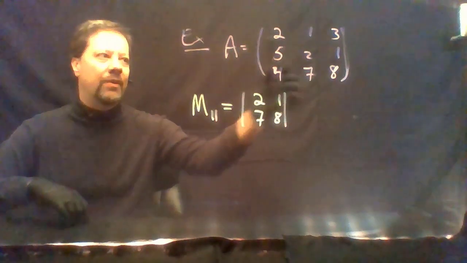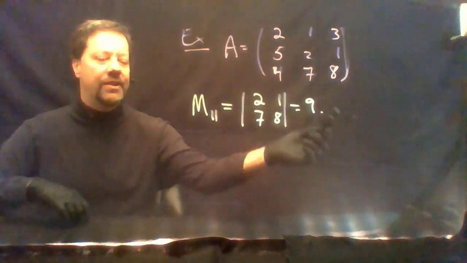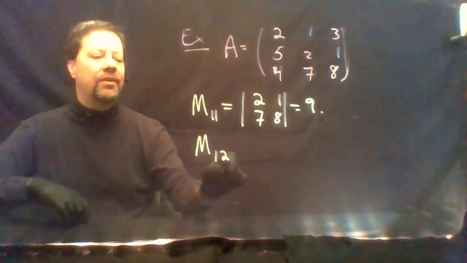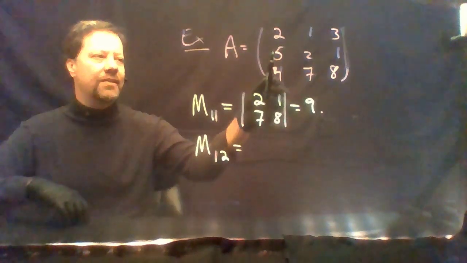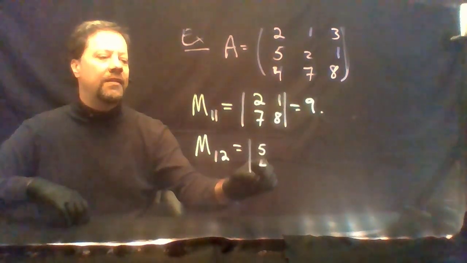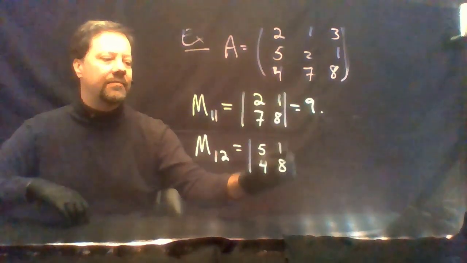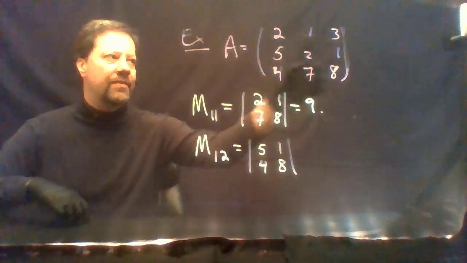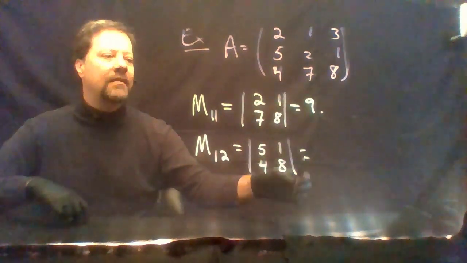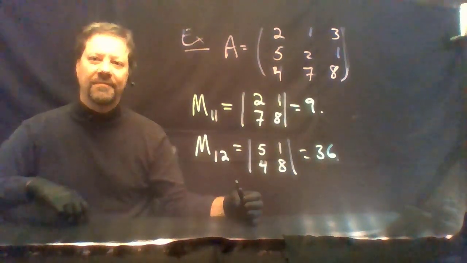That's going to be 16 minus 7, which is 9. M12 is obtained by crossing out the first row and second column. So that leaves 5 and 1, and 4 and 8. That's 40 minus 4, which is 36.